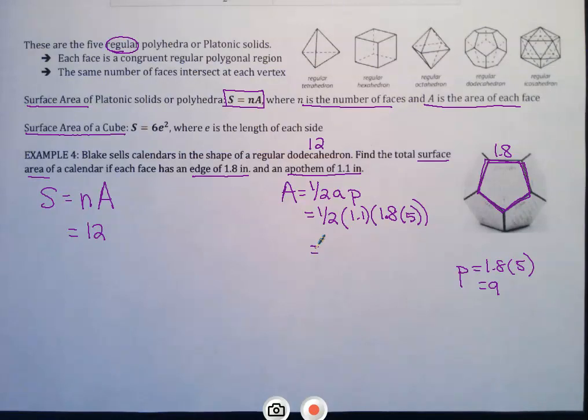All right, so what's 1/2 of 1.1 times 1.8 times 5? You all have a calculator, and yet you're staring at the board. What is the problem? The math there: 1/2 times 1.1 times 1.8 times 5.